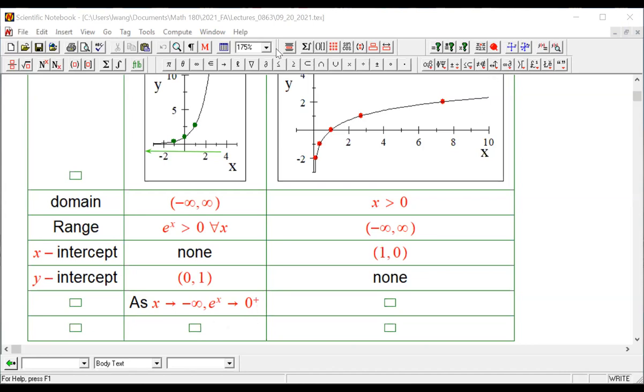Now the next line: as the input approaches positive infinity, what happened to e to the power x? Of course, it's approaching positive infinity, because as x is getting larger and larger, the output is getting higher and higher yet.